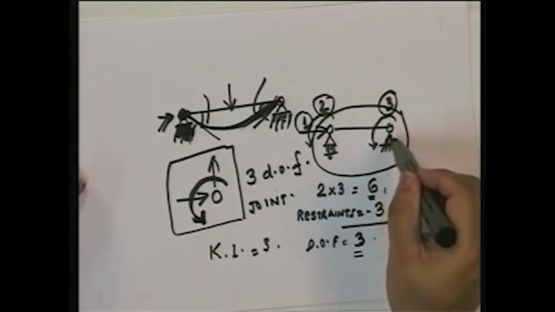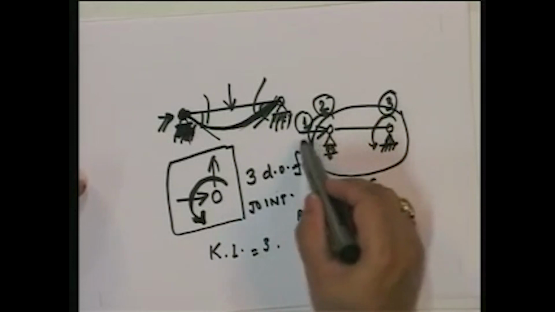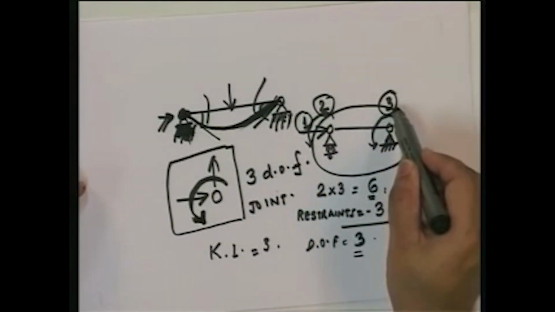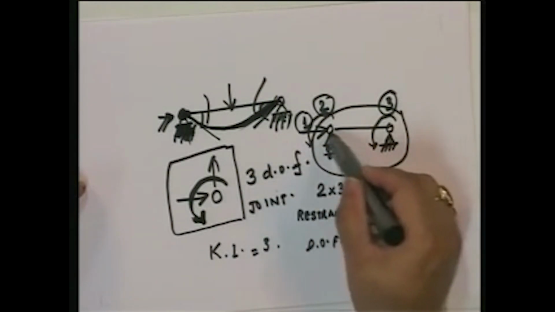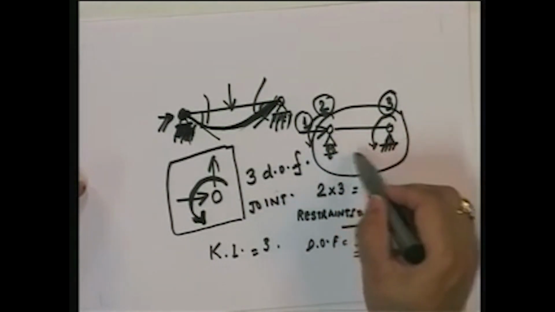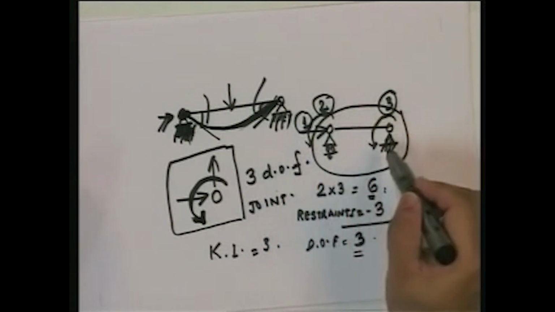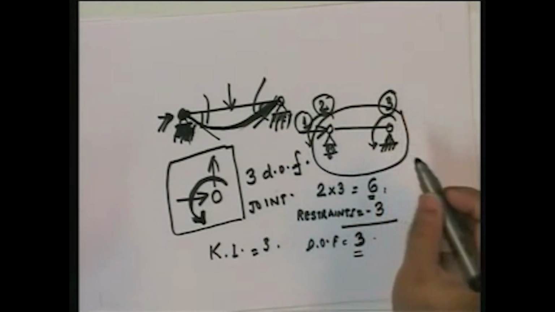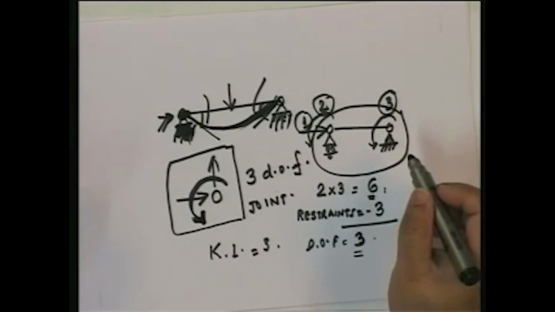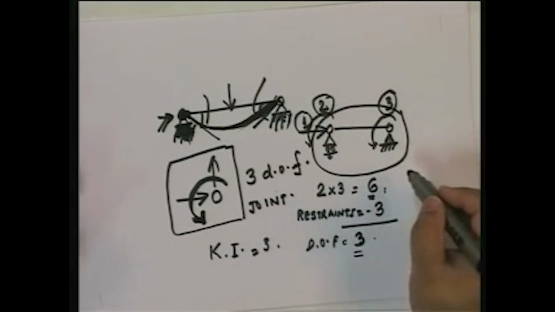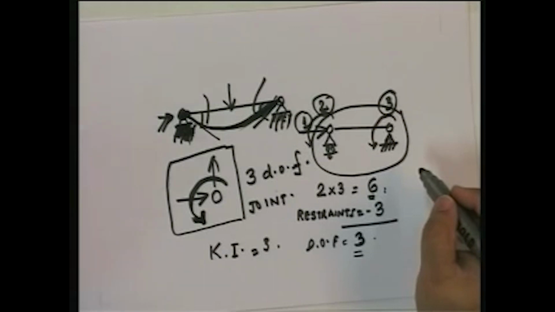So in other words, for this simply supported beam, if I knew the horizontal displacement of this point and the rotation at this point and the rotation at this point, I would be able to give you how this structure has displaced. So if I knew these displacement quantities, I could draw the displaced geometry of the structure. So this in essence defines the kinematic indeterminacy for beams and frames.